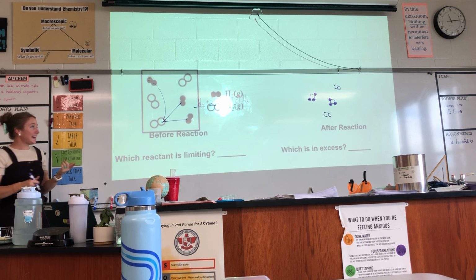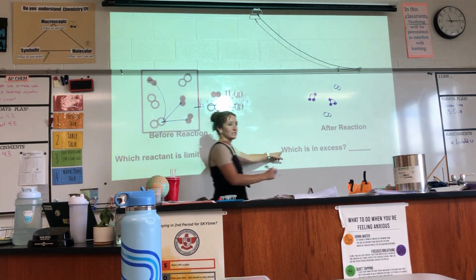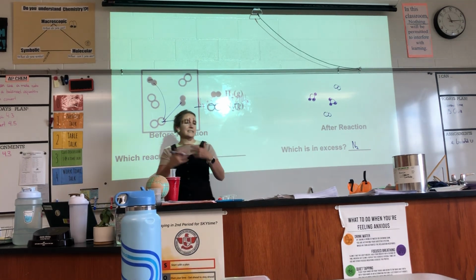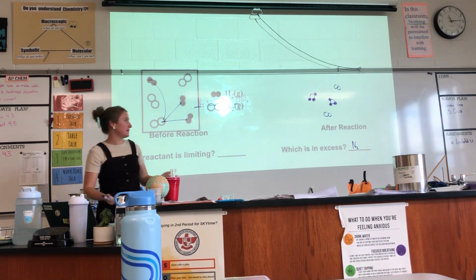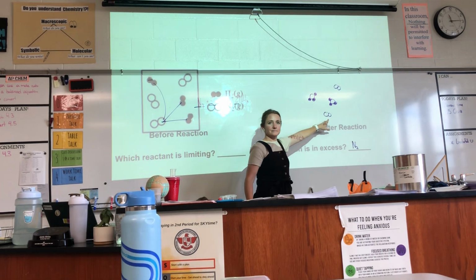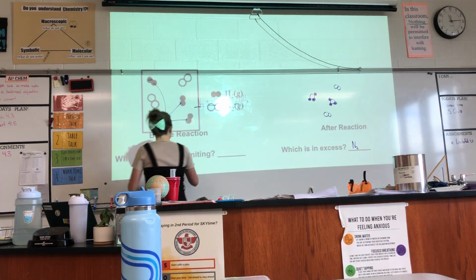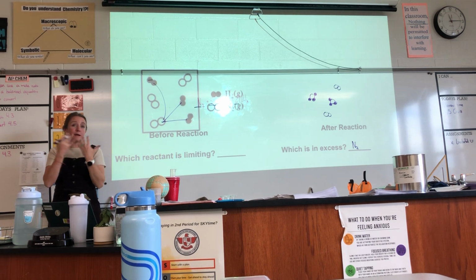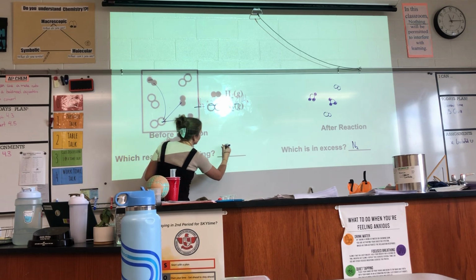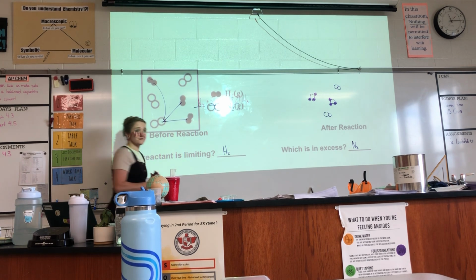In terms of vocabulary, we would call our nitrogen our excess, because there was some left over after the reaction happened. There in the beginning, there in the end. The limiting reactant is the one that we ran out of, and so the reaction stopped, and that would be our hydrogen.